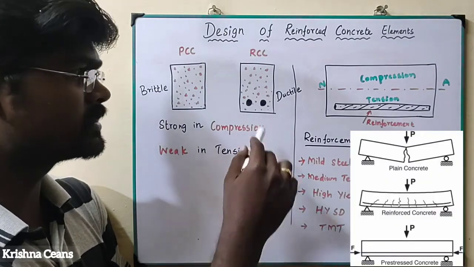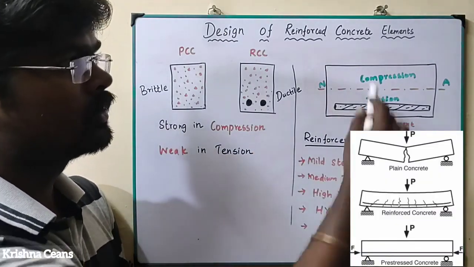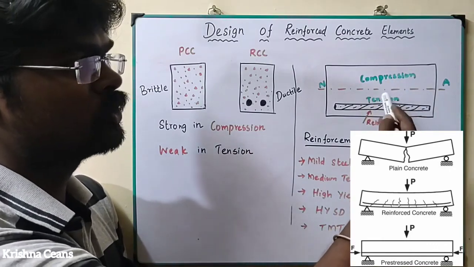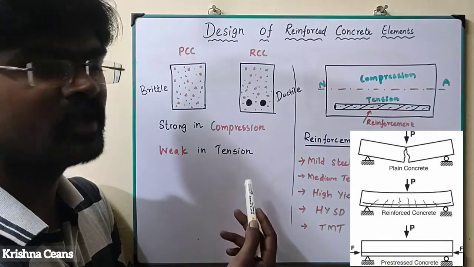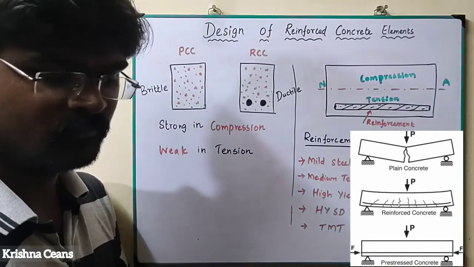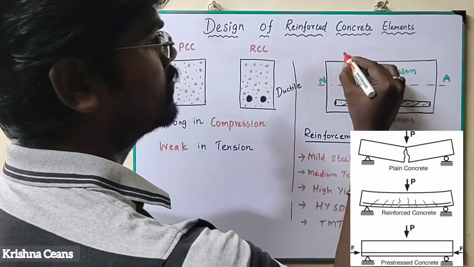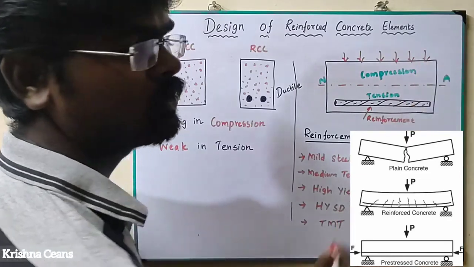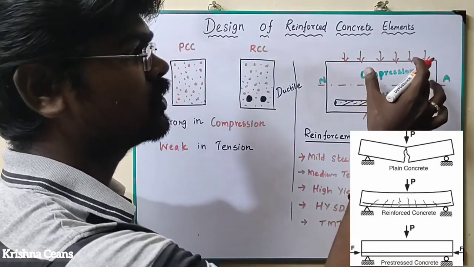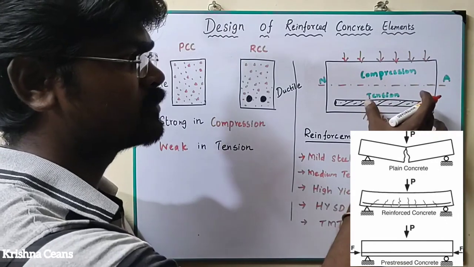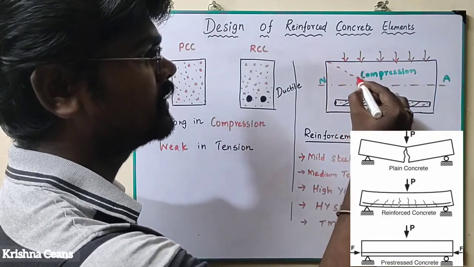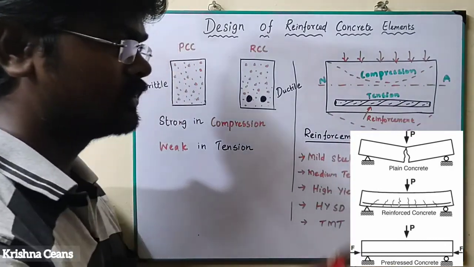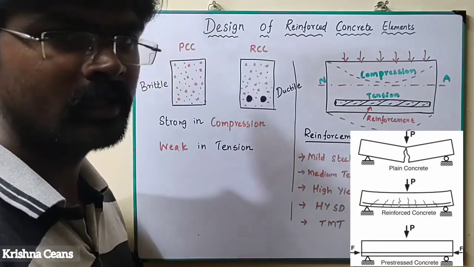When it comes to tension, when we give the load on the concrete, this is the compression part, this is the tension part. In the tension zone, it is always weak. When the load is acting on the concrete, the compressed zone will be strong, so it never fails, whereas the tension zone will deflect like that, and that leads to cracks.